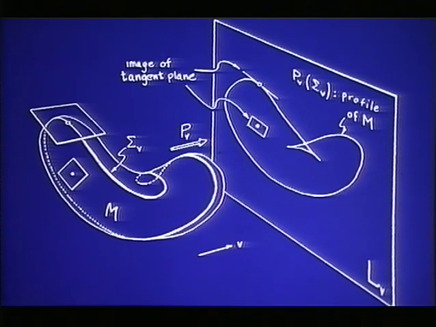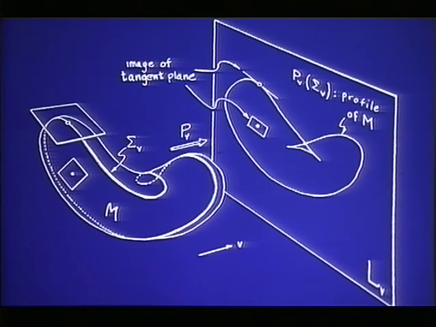So this on the right is, as it were, the shadow, but we're picking out all the parts where the surface appears to fold away from you when you look at it in the direction v. We're picking out the entire mathematical outline of this surface.